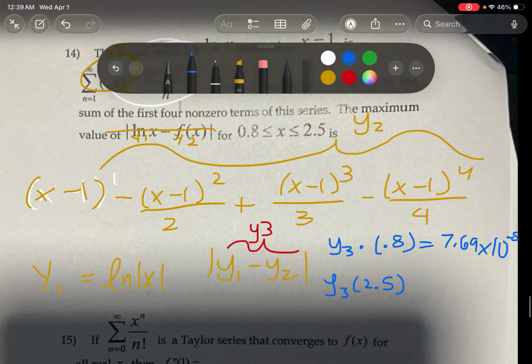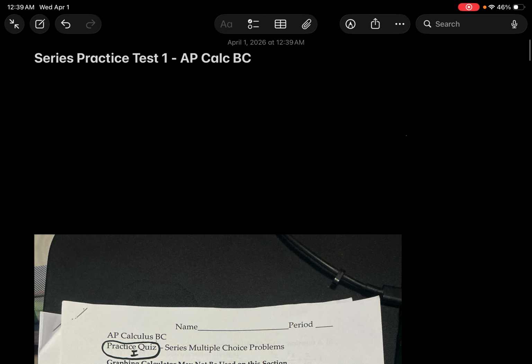That is a very small number. I highly doubt that this is going to be the highest answer. This one is going to be 0.682, which is obviously bigger than this number. So yes, your greatest value is going to be 0.682 because we're looking for the greatest candidate, if you remember that from particle motion.